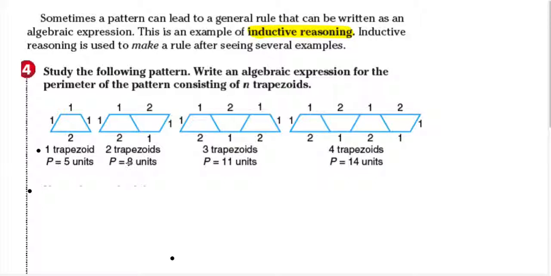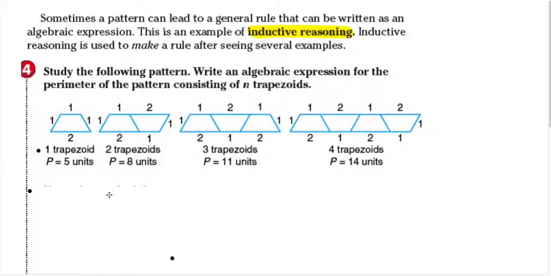Two trapezoids, 8 units. Three trapezoids, 11 units. Perimeter is the sum of all the sides, and that's why this is 5: 1, 2, 3 plus 2 is 5. 1 plus 1 plus 2 plus 1 plus 1 plus 2 is 8, and so on. 3 trapezoids, 11 units. 4 trapezoids, 14 units.